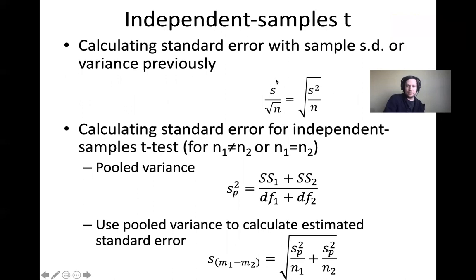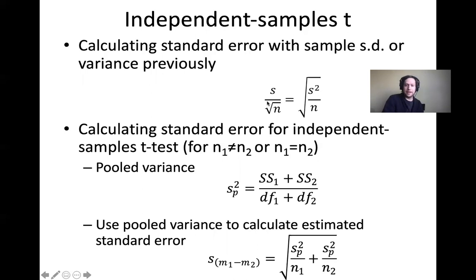So right here, s divided by the square root of n, this is the way we've been, for the most part, calculating estimated standard error up till now. You take the standard deviation divided by the square root of n. A mathematically equivalent thing is taking the square root of s squared, s squared is variance, divided by n.